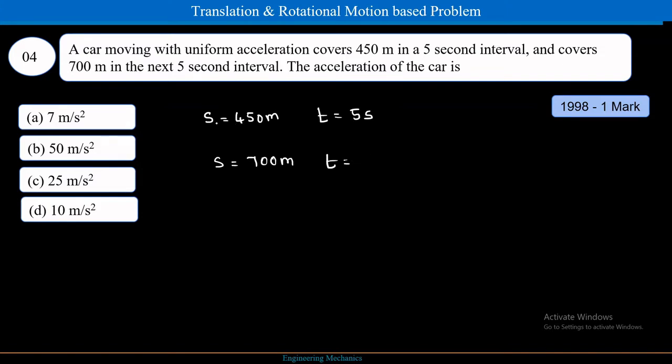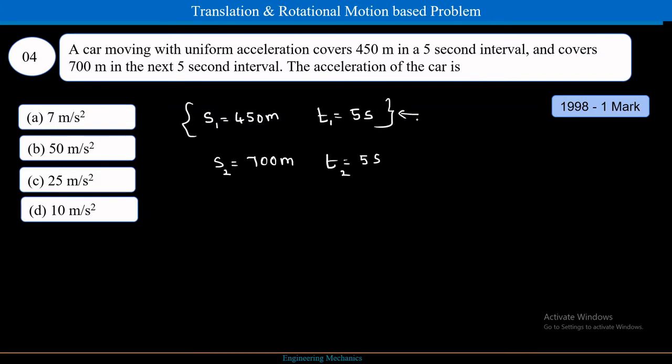So suppose I say my distance s1 is 450 meters, it takes t1 seconds, that is 5 seconds. Okay, and my s2 distance is 700 meters, and the time it takes is another 5 seconds, my t2. Okay, so with this I can write, this is my first half.